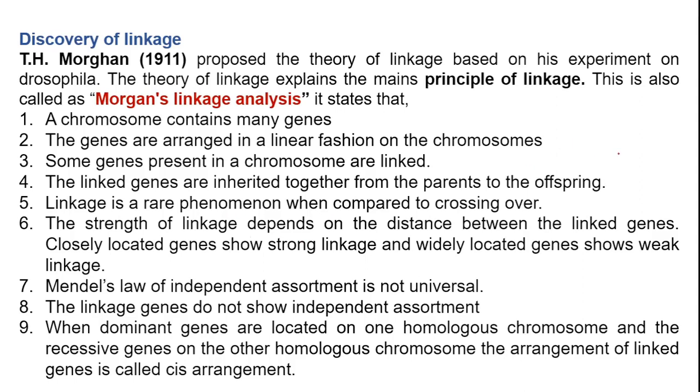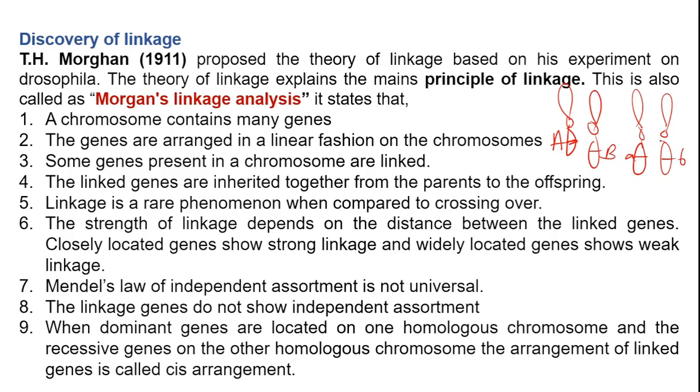And one more type of linkage we can identify. You can see here, this is a homologous pair, right? In that some genes are there, A, B here, and then small a, small b, right? If dominant genes are present together in the homologous pair, it is called cis arrangement.